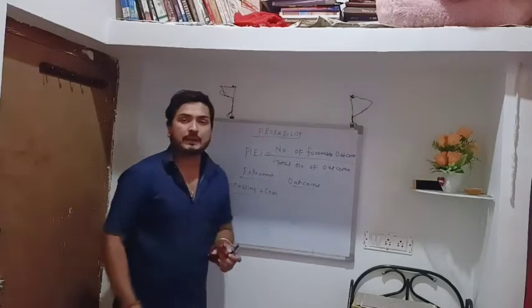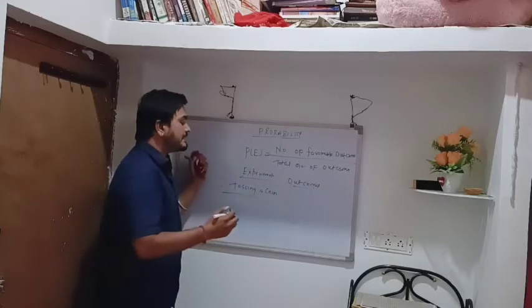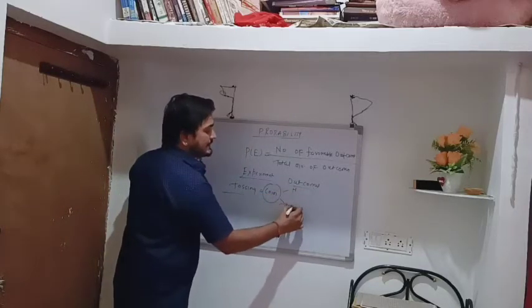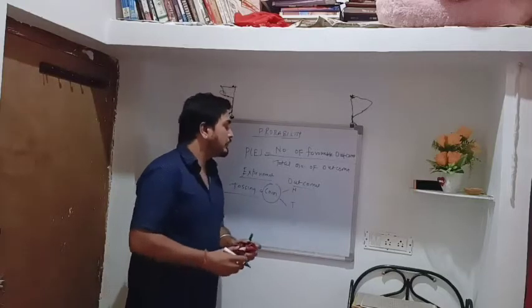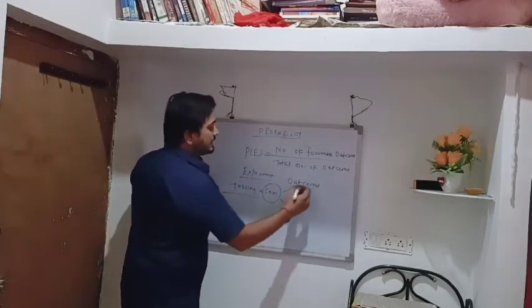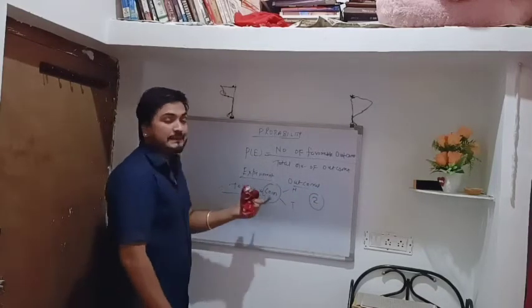A coin has two faces, one is head and the other is tail. So how many total outcomes are there here? Total outcomes is 2.